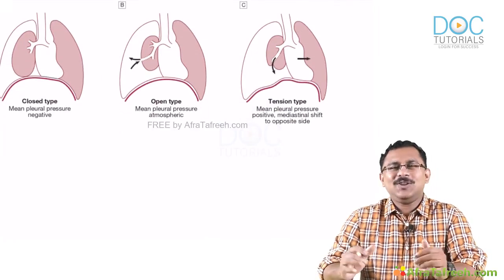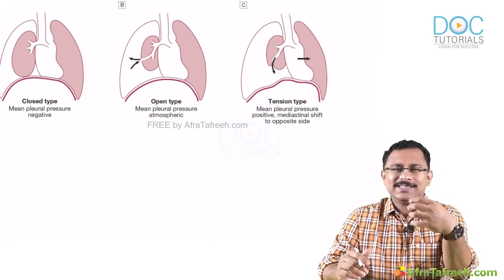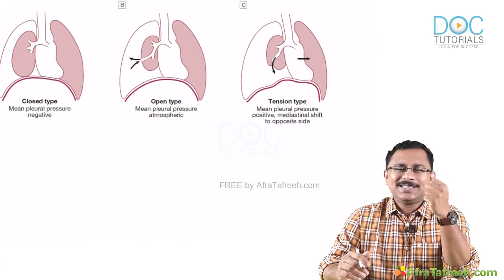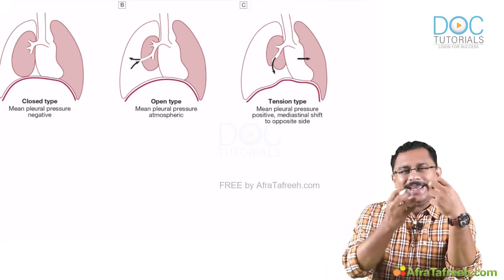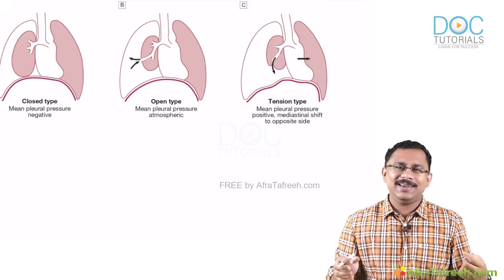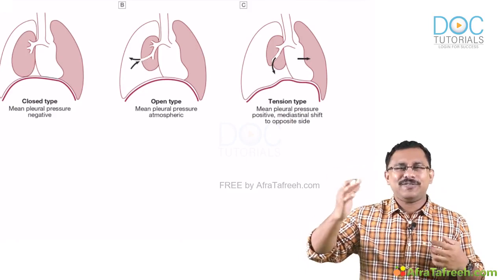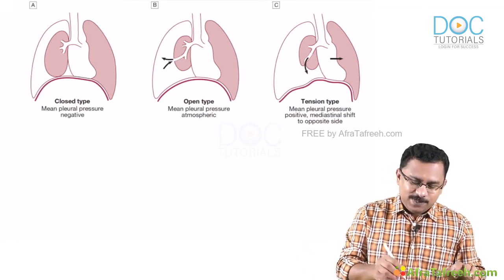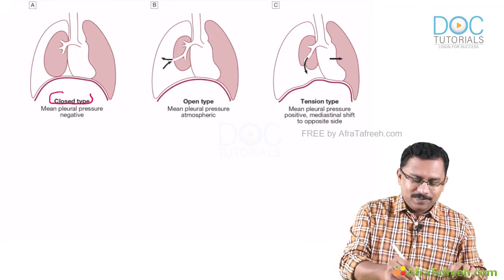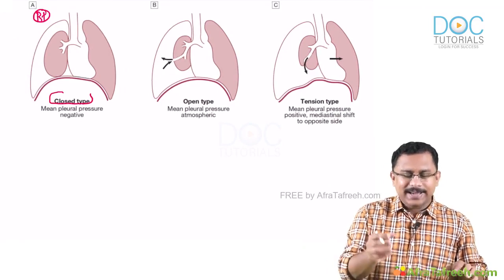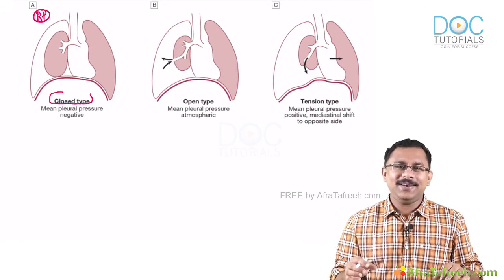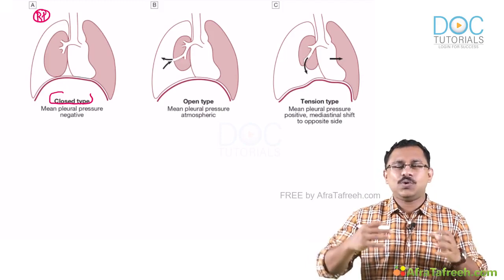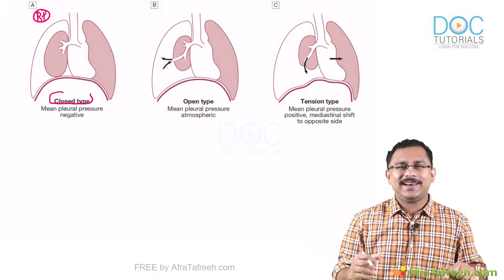See, closed pneumothorax means a pneumothorax has happened and you have some air within the pleural cavity. But then what happens is that this air which has been there in the pleural cavity is sealed off from the external environment. By which I mean, you see here the first picture, the closed type of pneumothorax. In the right lung, there is air inside the pleural cavity. But see, it is not communicating with the airways of the lungs. Okay, so there is no exposure to the atmospheric air there.